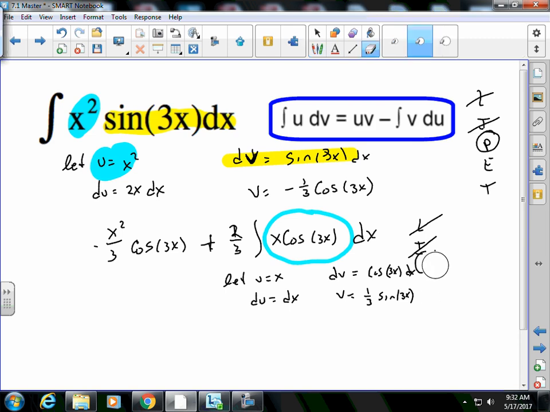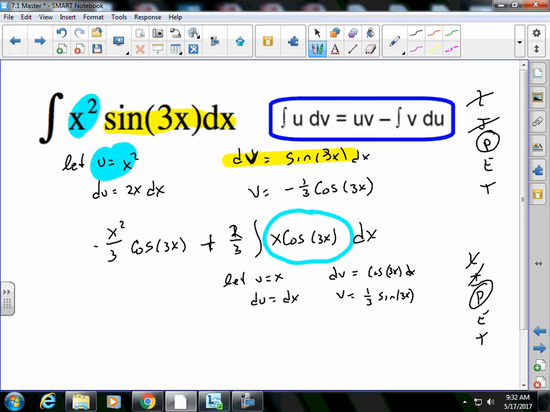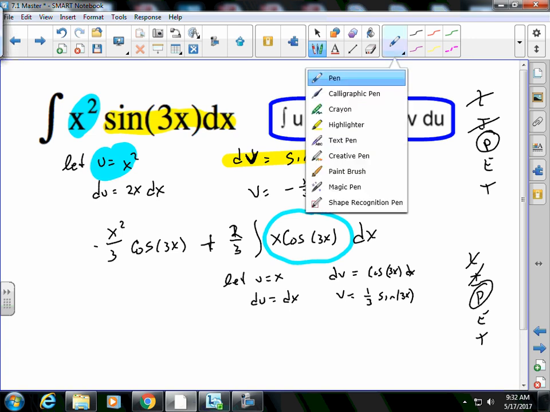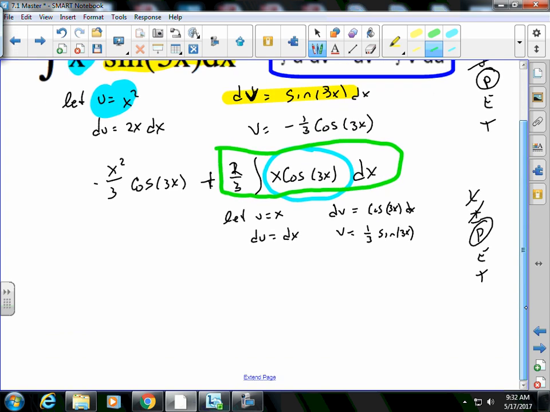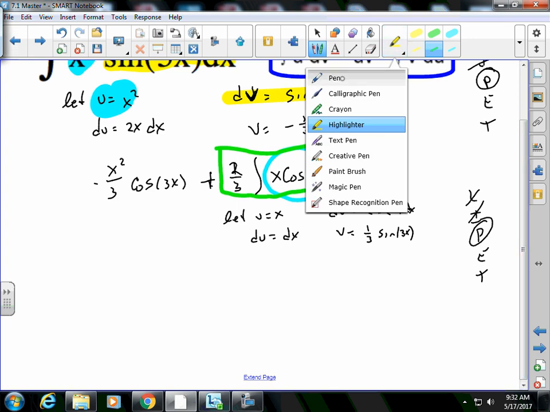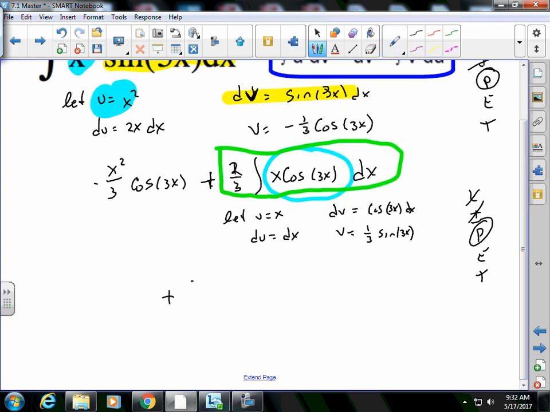I'm going to move this over so it's not in the way. I'll just rewrite it over here. There. So what I'm building this time is this. I'm going to work only on that part. So I have plus 2/3 times, instead of the integration, I'm replacing that.